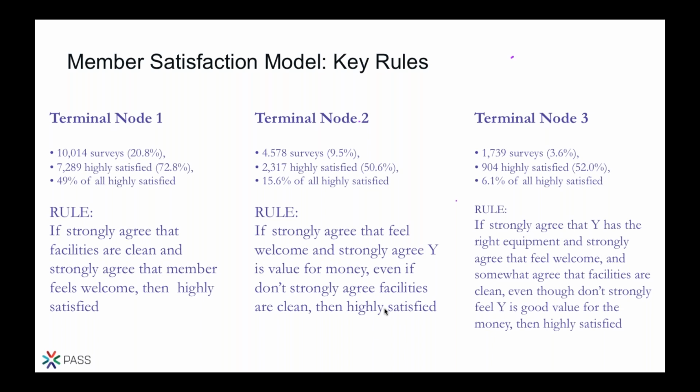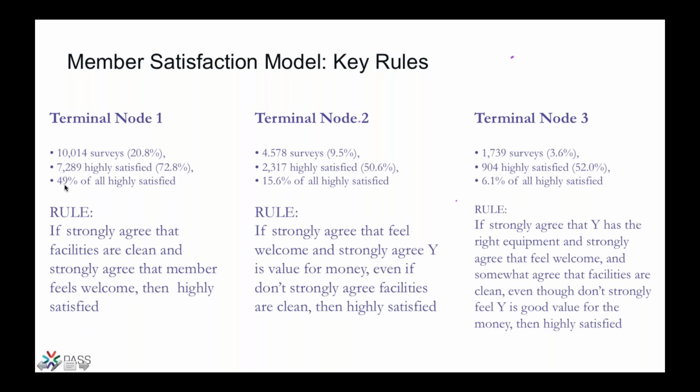But even if that's the case, as long as it's good value for the dollar, they're willing to trade off the cleanliness for value and still be highly satisfied. 50% of those who match the rule are highly satisfied, and that's 15% of all highly satisfied members. Now let's think about one more thing here.